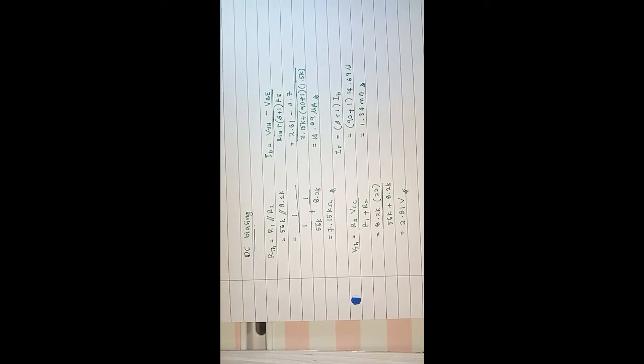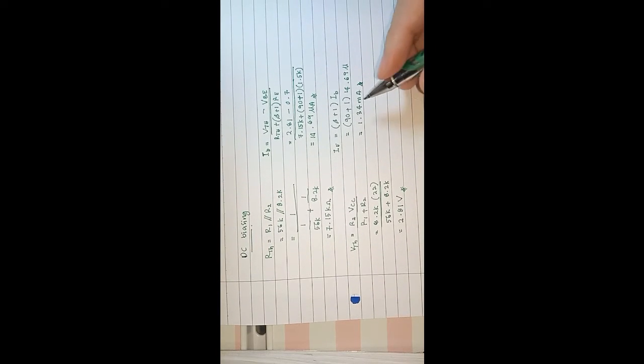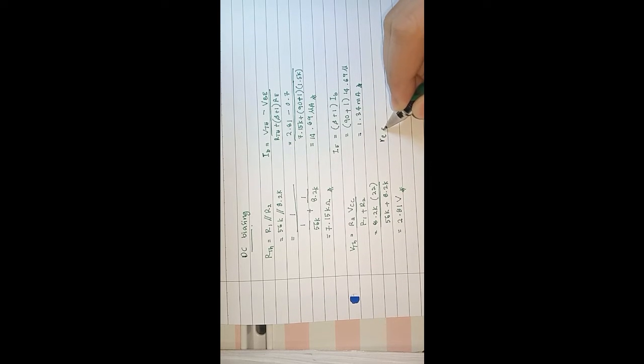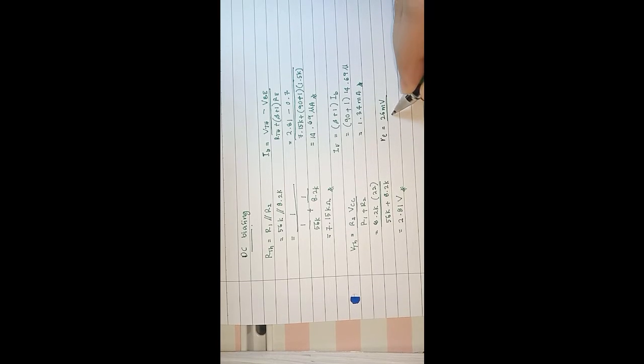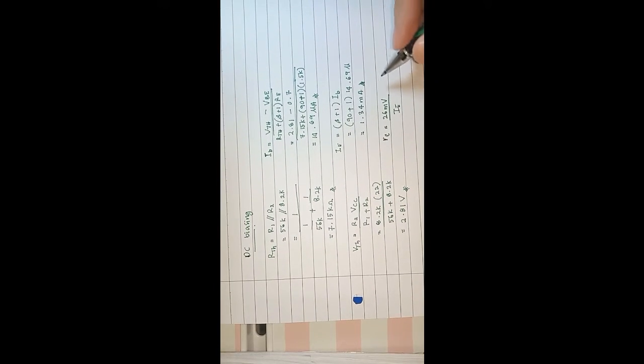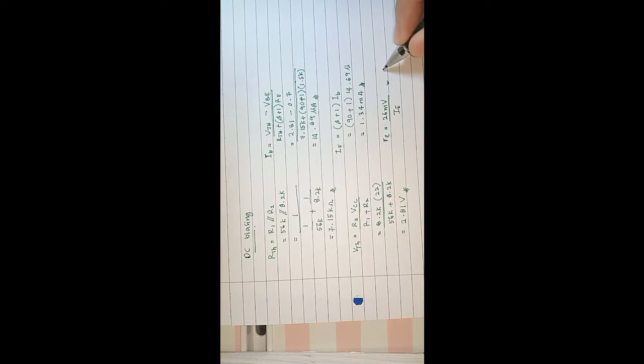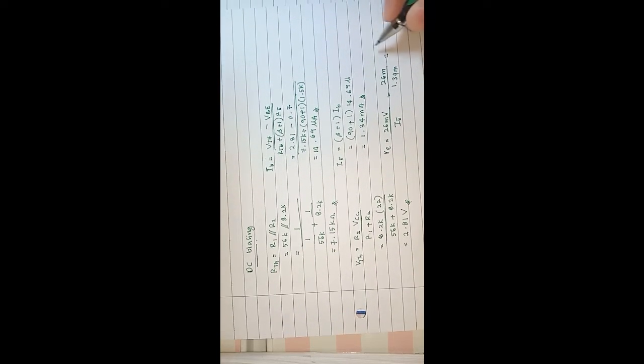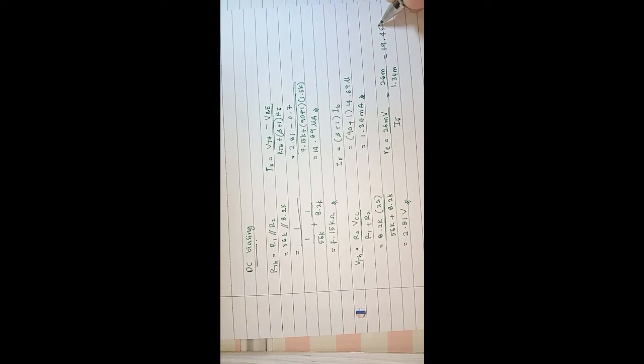When we have the value of IE, we can find RE. The formula of RE is 26 millivolt over IE. So 26 milli over IE, which is 1.34 milli. So the value of RE is 19.45 ohm. So that was the value of RE.